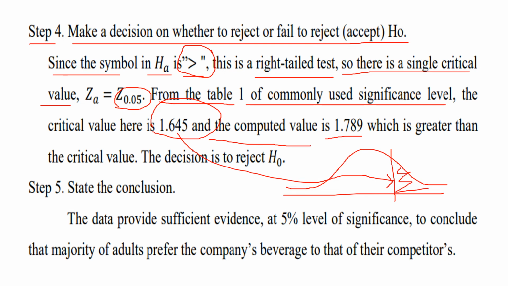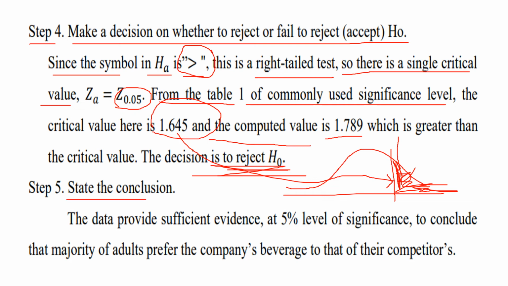If this is your shaded region in this part, that will serve as your rejection region. Your 1.789 will fall somewhere here. That's why we need to reject your null hypothesis and accept your alternative hypothesis.